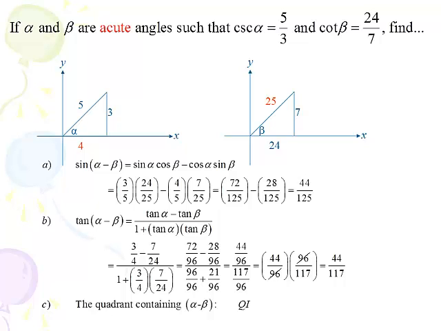Now I'm going to ask the question, what is the cosine of alpha minus beta? And so if you took sine divided by cosine, you would get tangent. And our sine is 44 over 125, and our tangent is 44 over 117. So think about that for a second, and hopefully you would come up with the cosine as being 117 over 125.